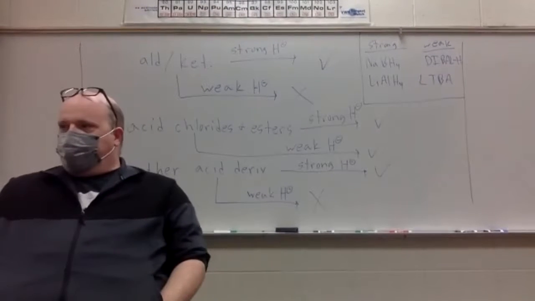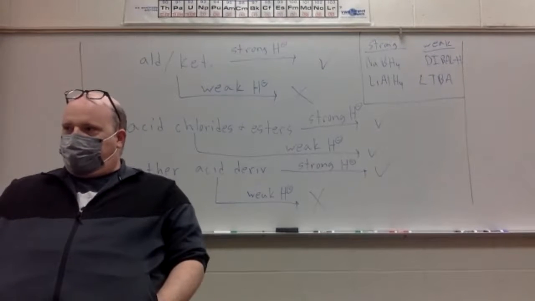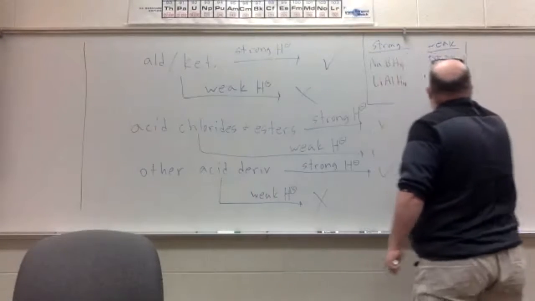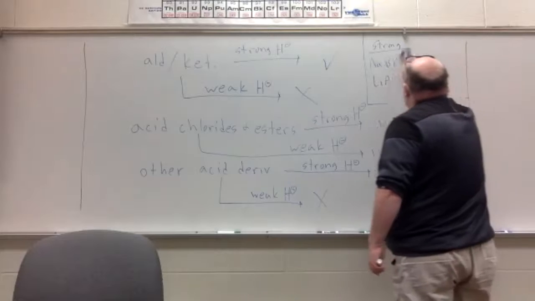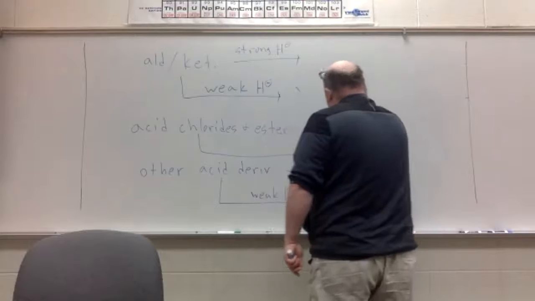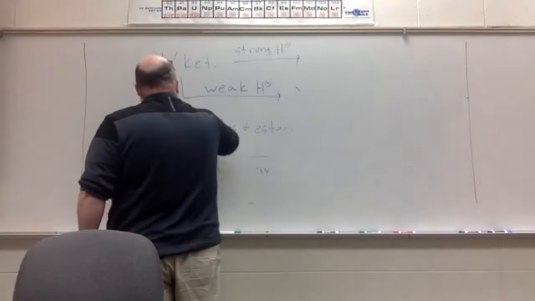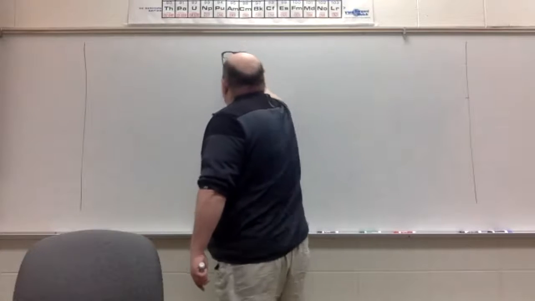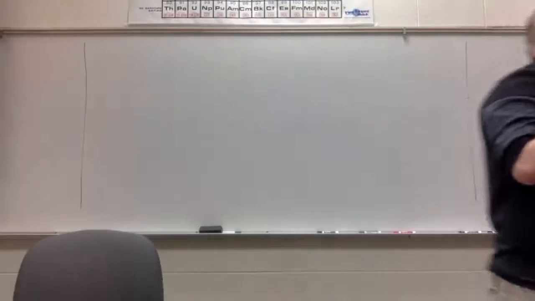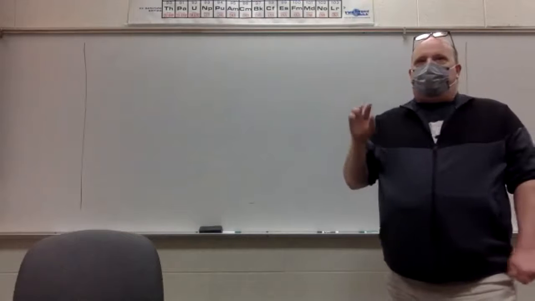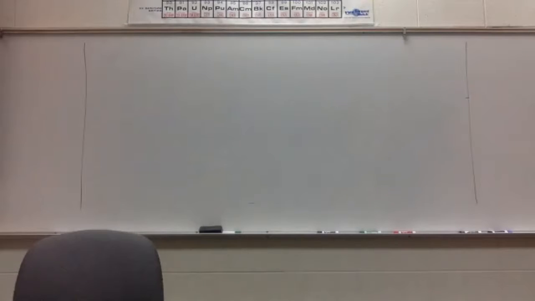Can we go over formation and hydrolysis of acetals? Yep. Okay, so you form an acetal whenever you have an aldehyde or ketone, and you react it with two equivalents of an alcohol or one equivalent of a diol, and then a strong acid.